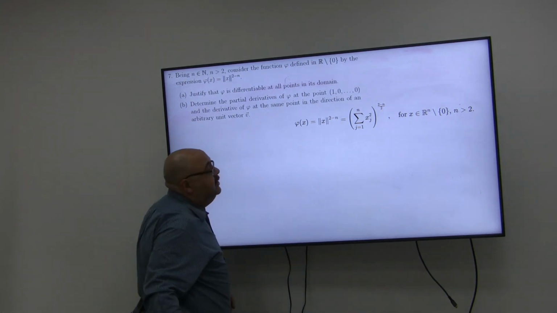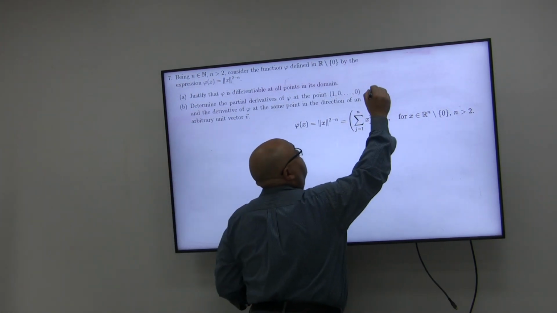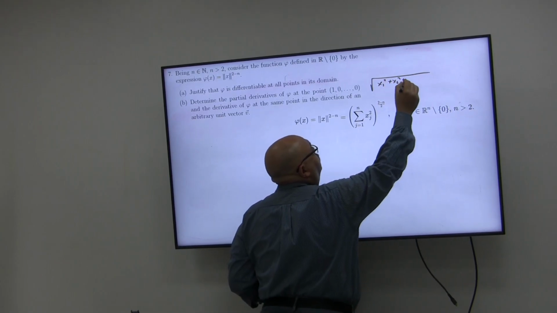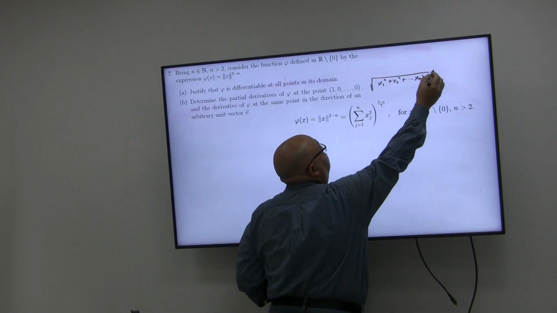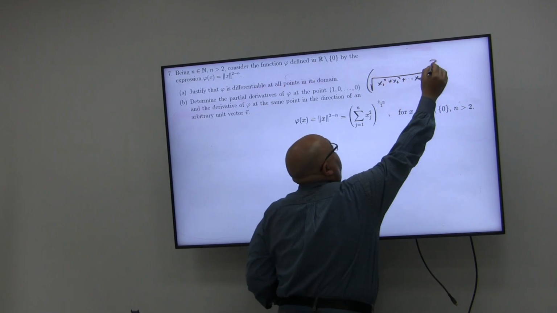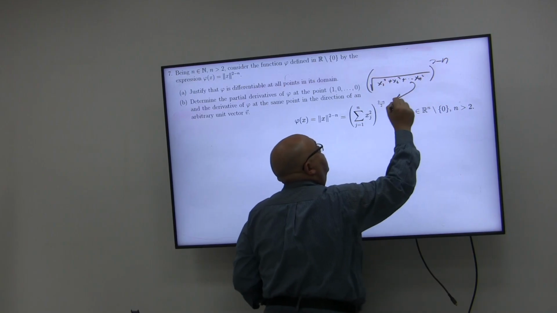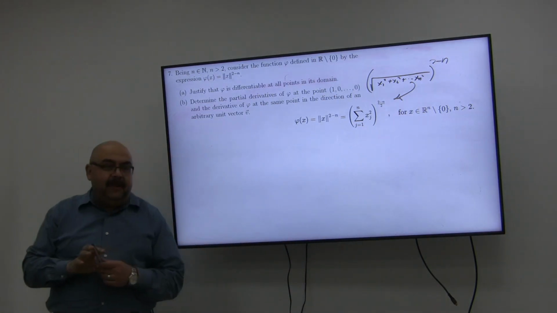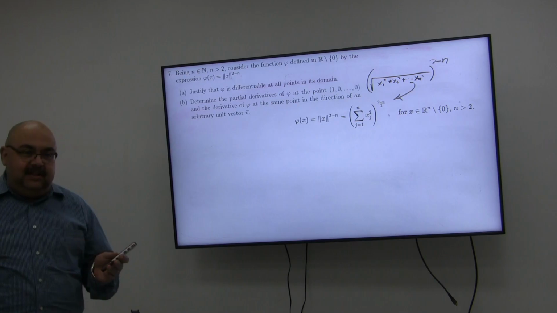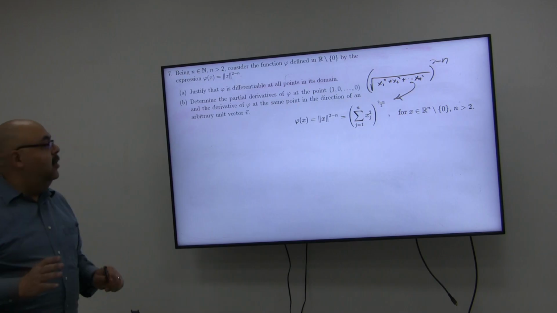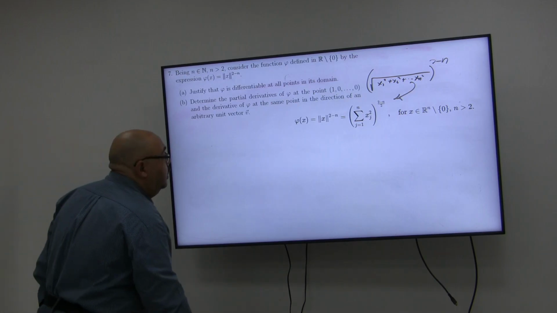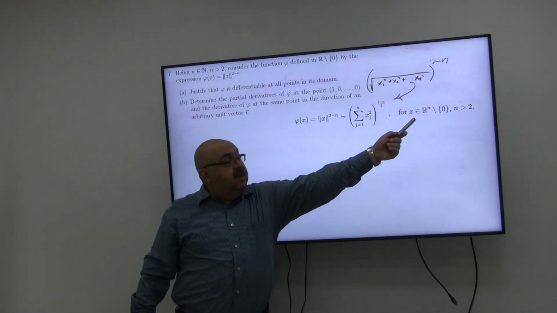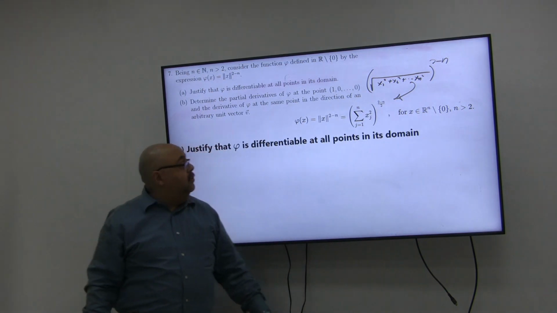So instead of writing the square root of x1 to the power of 2, x2 to the power of 2, and so on up to xn to the power of 2, all of them to the power of 2 minus n, I can use this shorter written form. They are exactly the same, of course. For x belonging to R^n except 0, so you are safe here from the existence of the origin.